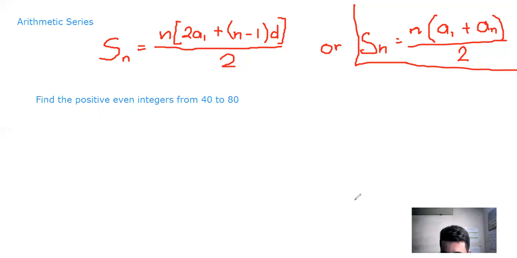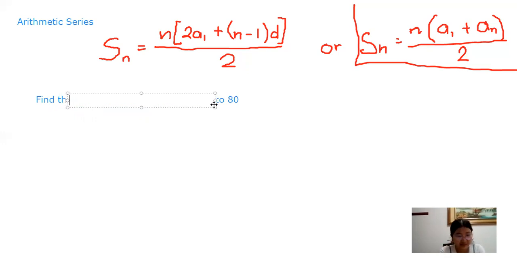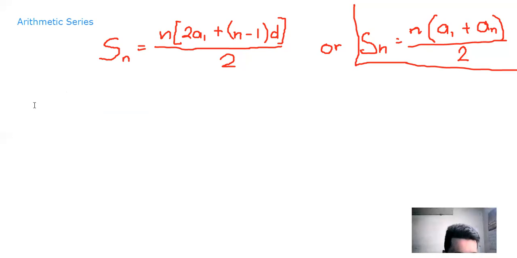Sir, halimbawa po, find the sum of all even numbers between, halimbawa po, 1 and 20. Yung mga ganun po. Okay. Ulit padikta nga ulit.